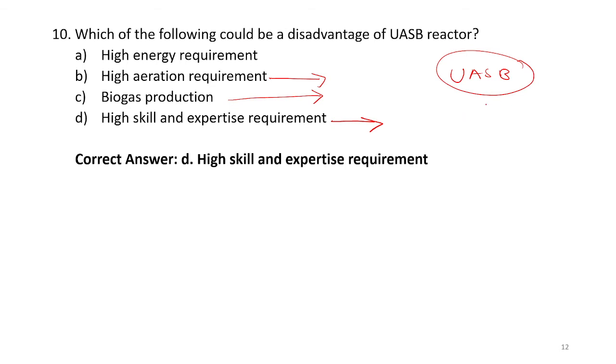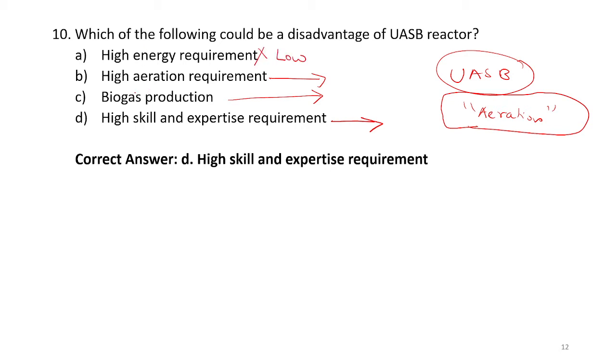In the aerobic treatment, energy is required for providing aeration. So in the anaerobic treatment, that much energy is not needed, as there is no aeration provided in the system. Hence, this is a wrong statement. For any anaerobic treatment, the energy requirement is low, not high. So this is wrong.